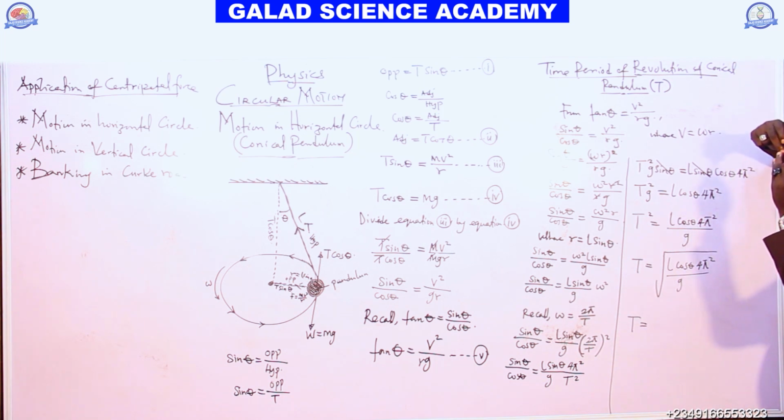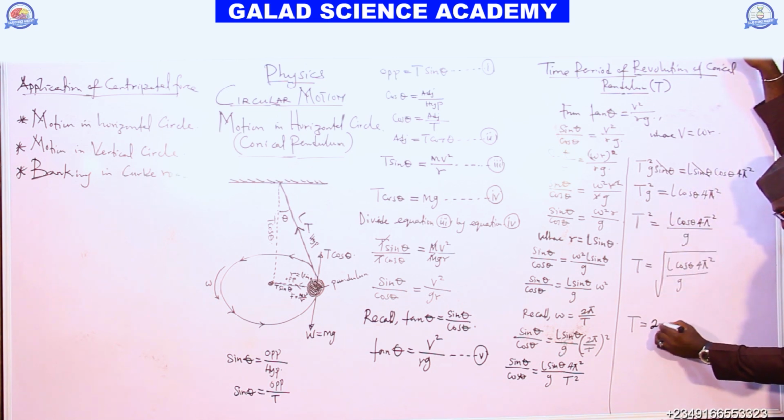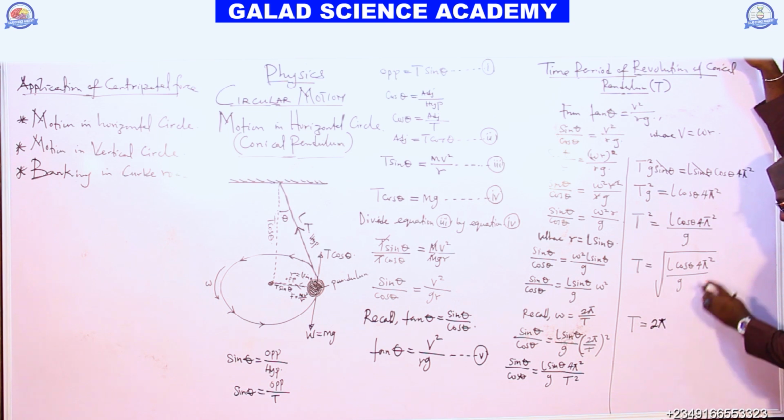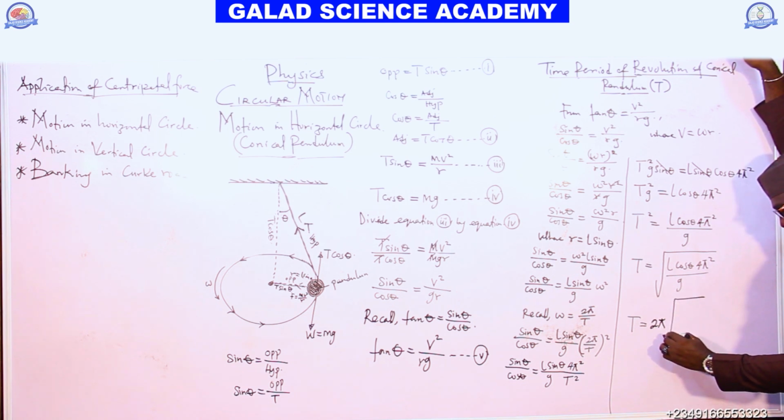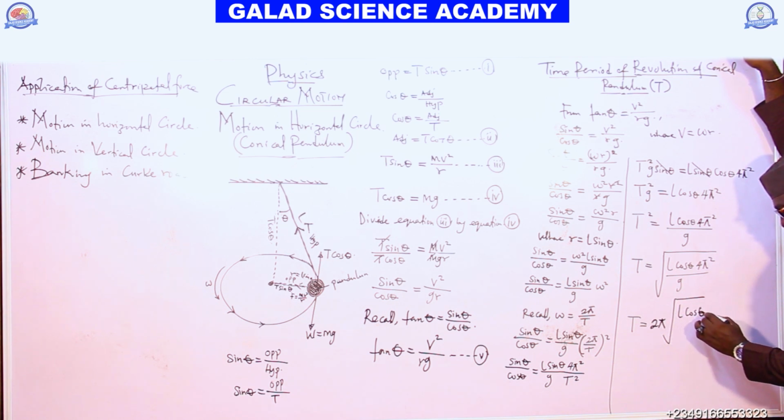The square root of 4 is 2. Square root of pi squared is pi. But L cos theta over g. This is the formula used to calculate the period.